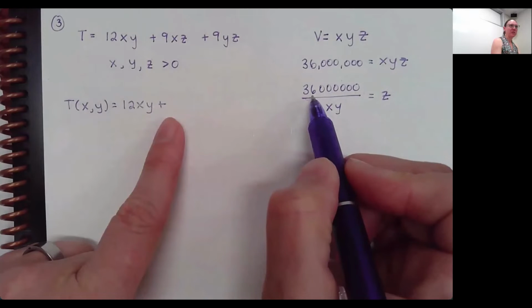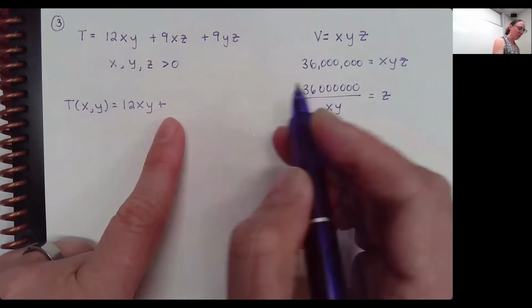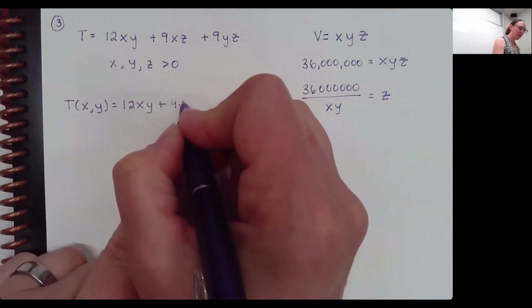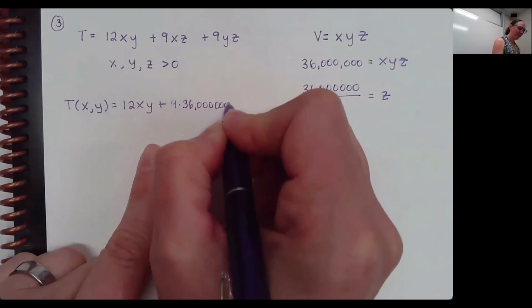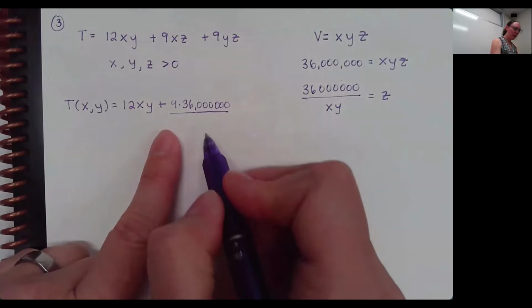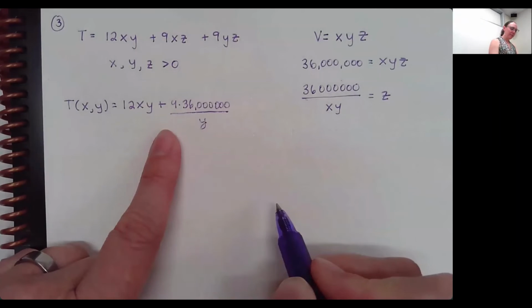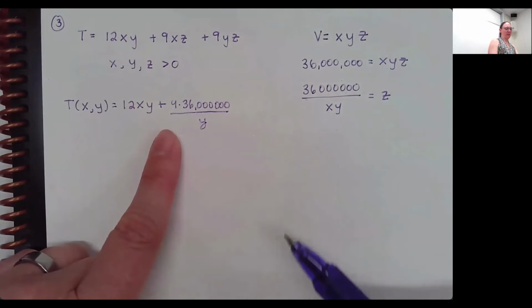Anyone know what 9 times 36 is? If not, I'm just going to drag it along with me. So I'm going to have 9 times 36 million divided by y. Again, plugging that in for z, my x is canceled, but not my y.